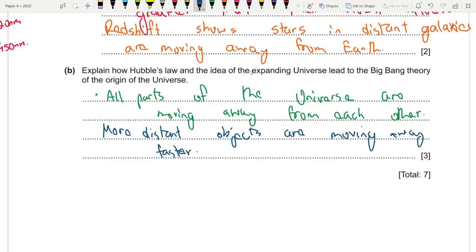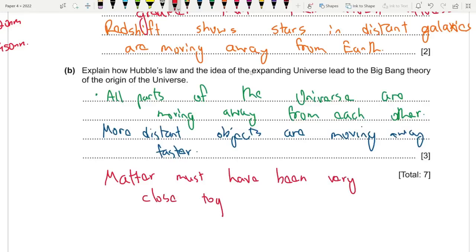This is a reference to Hubble's law. So what does that indicate? This indicates that matter must have been very close together, or very dense in the past. Do you guys understand?